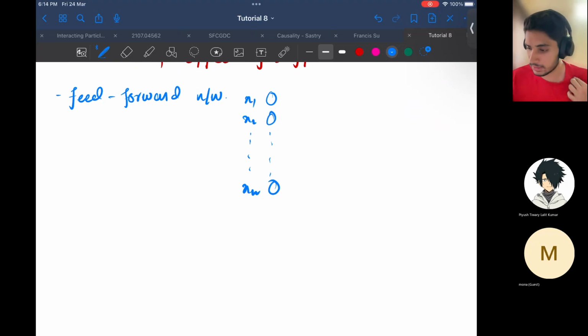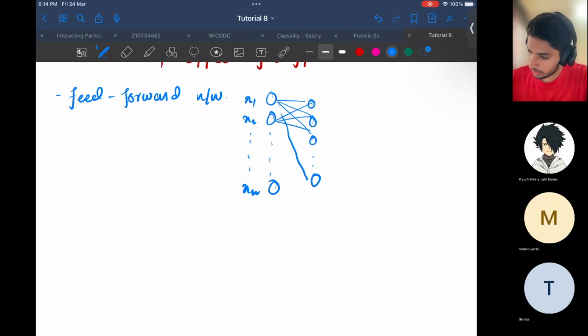So let's say this is your next layer. It could have any number of neurons, doesn't matter. Maybe connected like this, right? So maybe this is how these things are connected. Let's say this is Rn, and this is Rm.